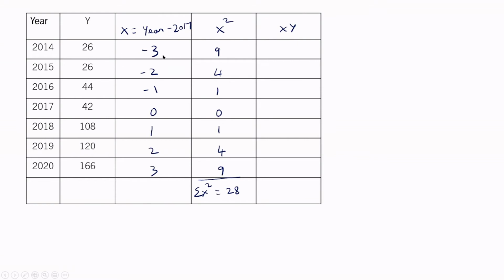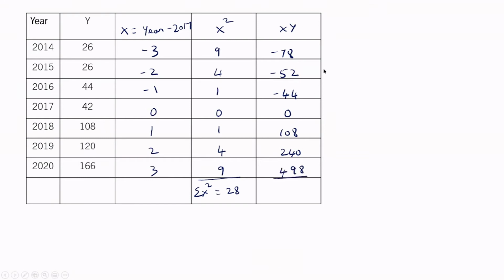xy will be 26 into minus 3, minus 78, 26 into minus 2, minus 52, 44 into minus 1, minus 44, 42 into 0, 0, 108 into 1, 108, then 120 into 2, 240, then 166 into 3, 498.